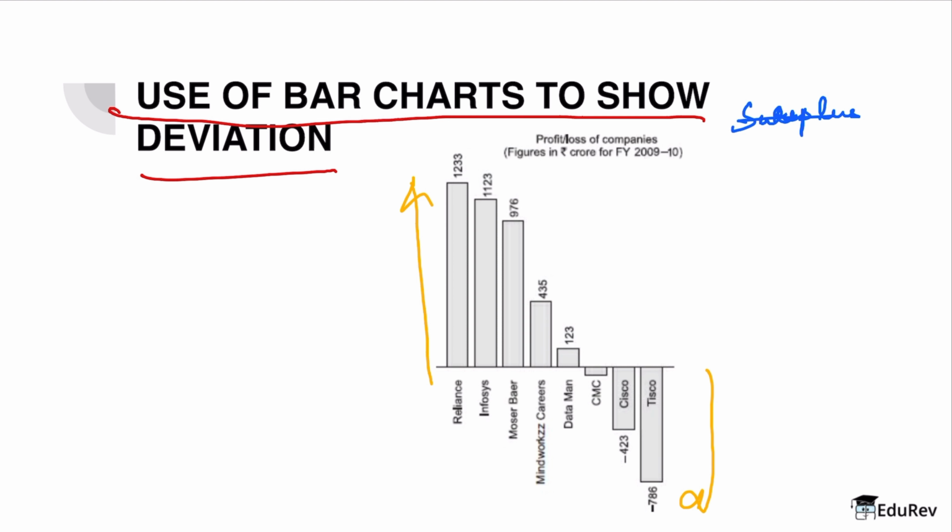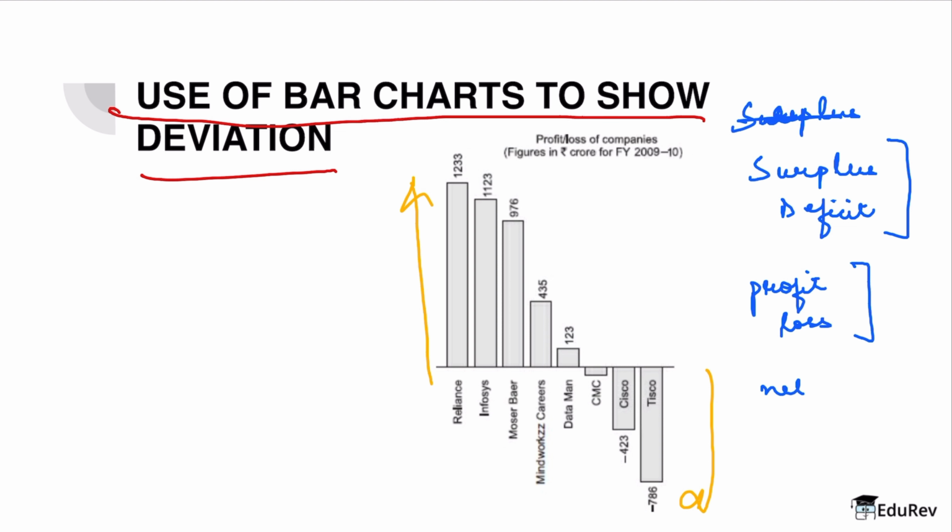Surplus, deficit, and this is one form. Then I can say profit or loss, this is another form. Then net imports, in form of imports or exports also, net imports and exports, this is one form.